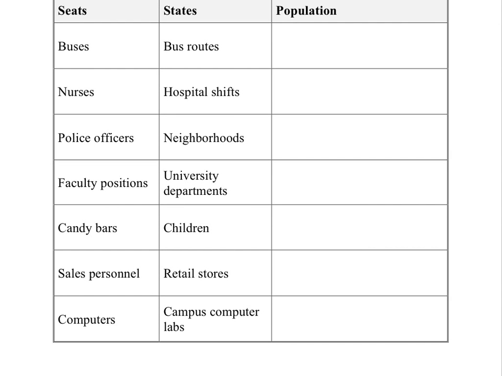So to help you, always talk it out like this. Buses are apportioned to bus routes based on fill in the blank. Nurses are apportioned to hospital shifts based on fill in the blank. Police officers are apportioned to neighborhoods based on fill in the blank. There's more than one way to fill in these blanks, but think about how you would do so.